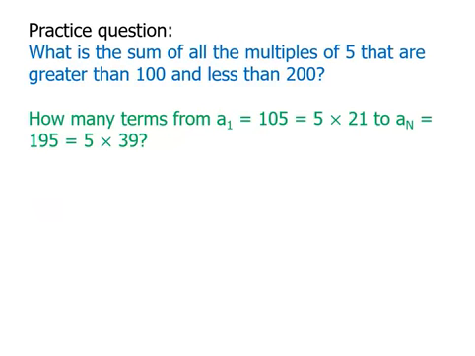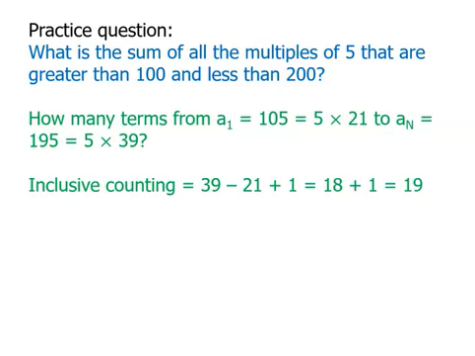How many terms are there from the first term, which is 5 times 21, to the last term, which is 5 times 39? Well, it's the same as how many numbers are there from 21 to 39. And we get that from inclusive counting. 39 minus 21 plus 1, 18 plus 1, or 19.